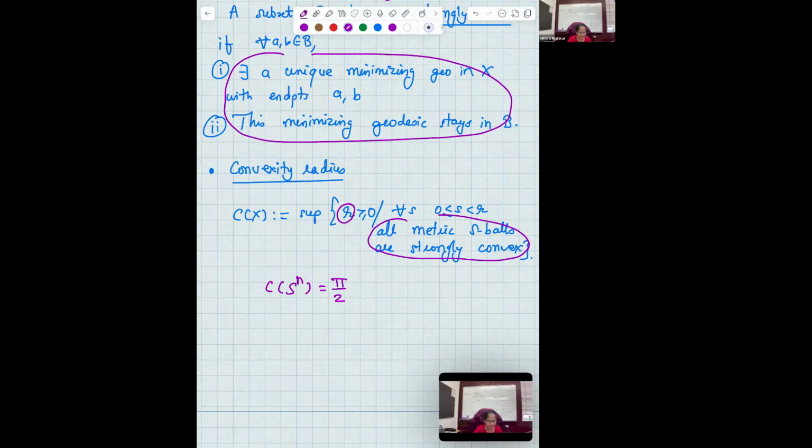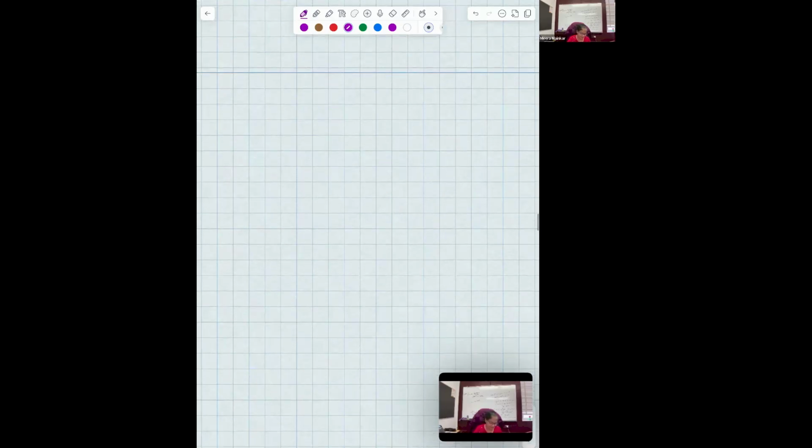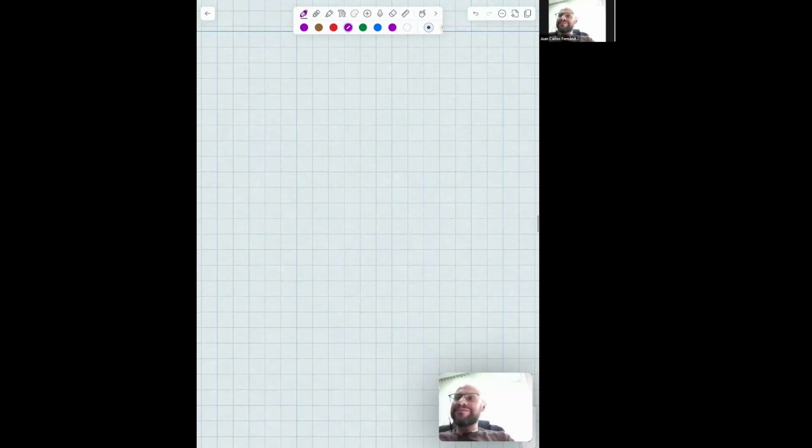We are translating all the information in terms of the distance function. They are the same. It's the same notion. Any other question? Apparently not. Okay.